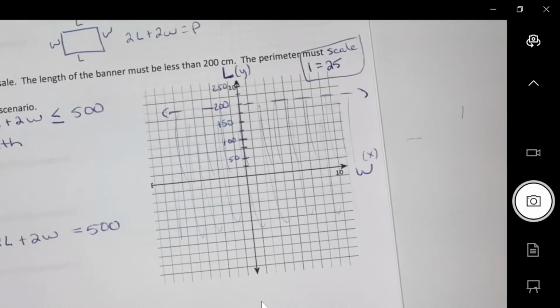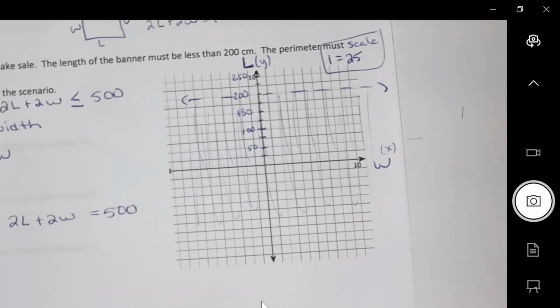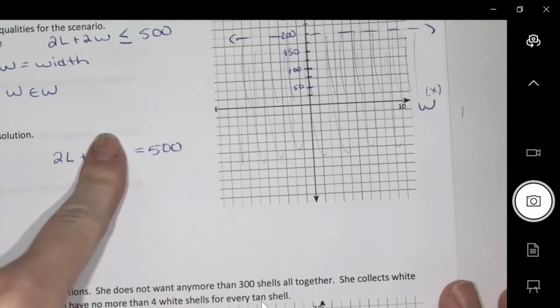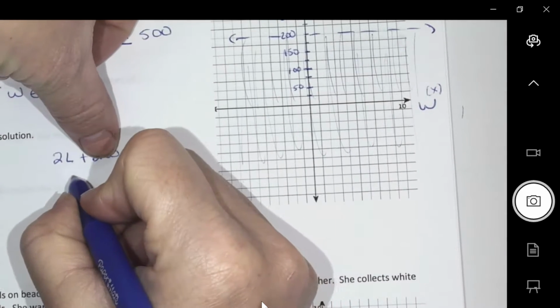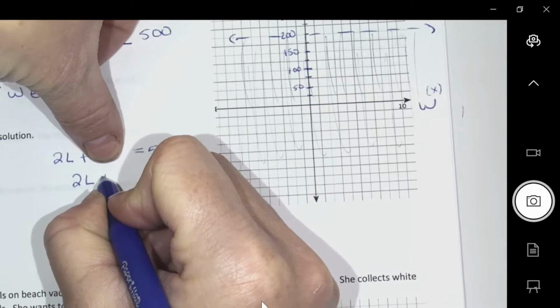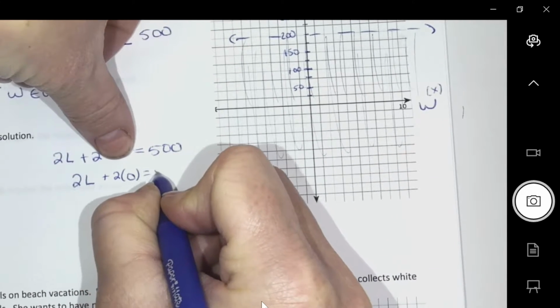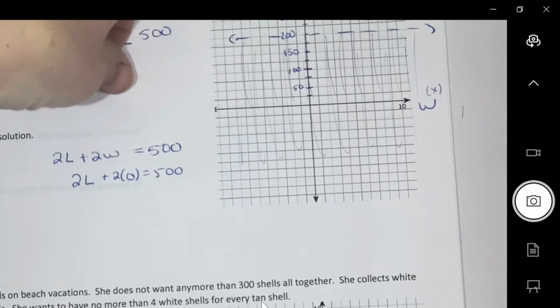Okay, here's what you've done in grade 10. You used intercepts. So if I cover up the W, so let's pretend that W was 0.